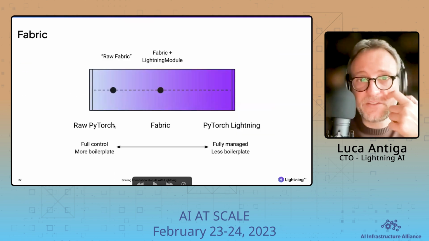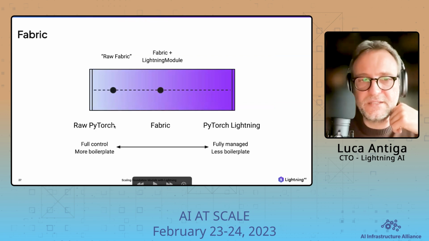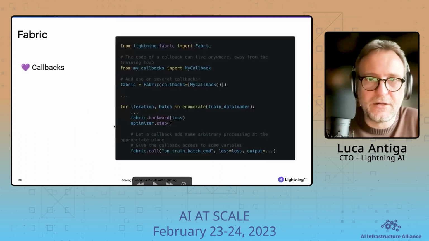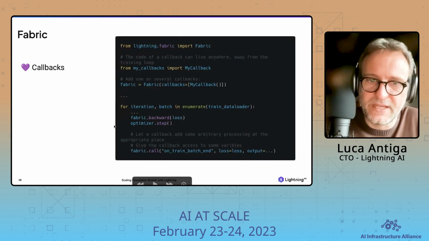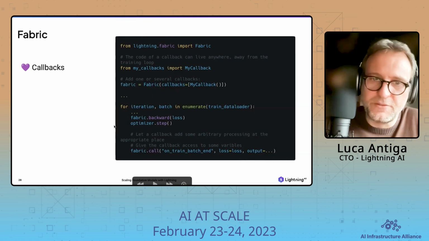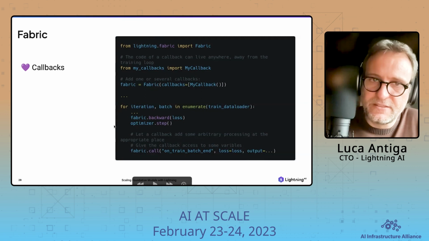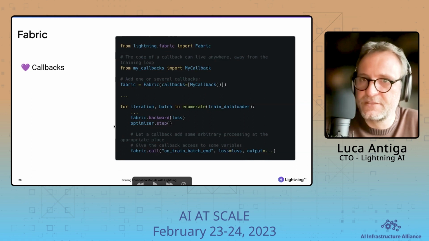Okay, so now we have another data point, Fabric plus Lightning module, in the spectrum between full control and full management. I mentioned callbacks before. Yes, you can pass callbacks to Fabric, and then you will have to manually trigger the same event that the callback will react to, and then pass arguments to it.